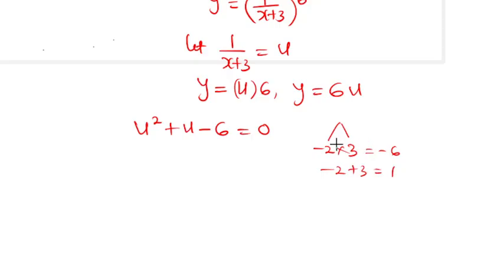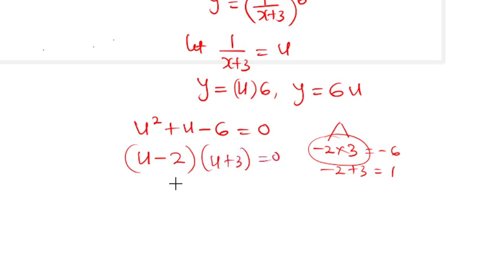So this factor fits this quadratic. We can now have (u - 2)(u + 3) = 0. So either this is equal to 0 or this is equal to 0. Therefore, u is equal to 2 or u is equal to negative 3.